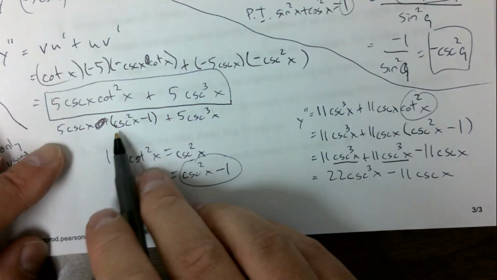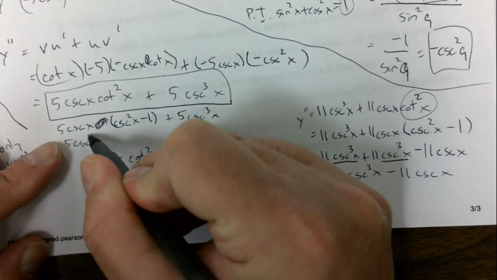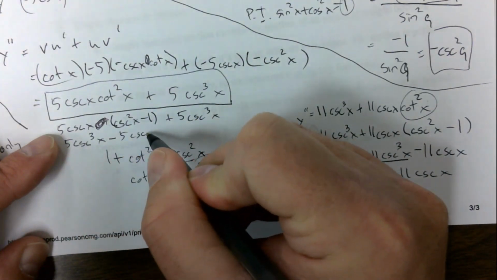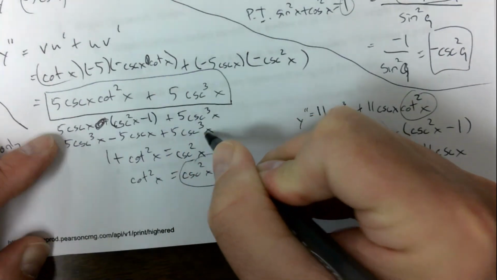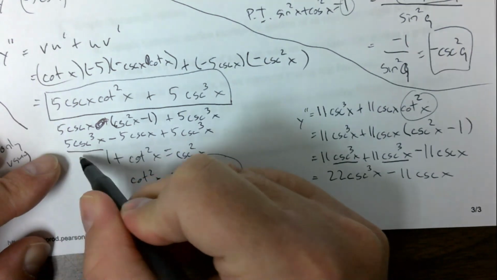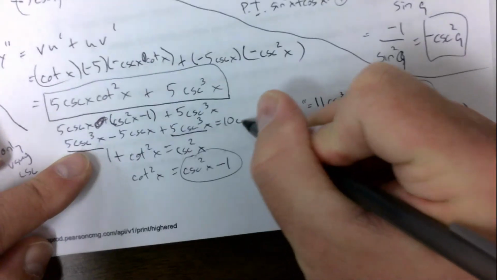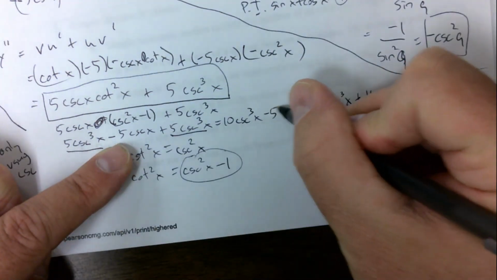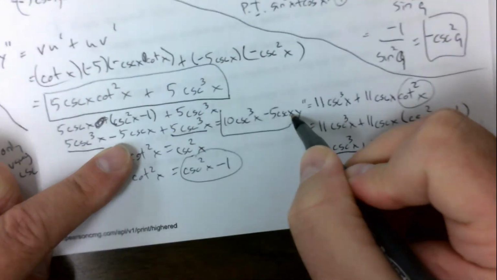So then this is 5 cosecant cubed x minus 5 cosecant x plus 5 cosecant cubed x. And then this and this are like terms, and so that's how you get 10 cosecant cubed x minus 5 cosecant x. And that does match what's on the paper.